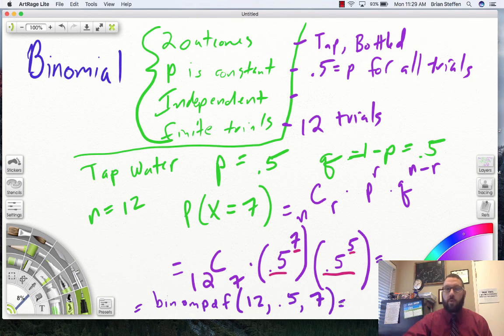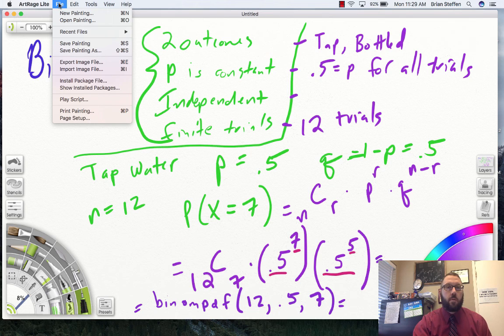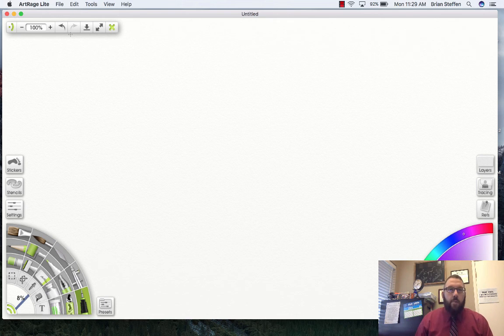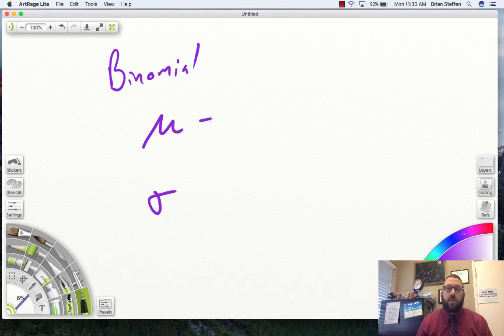I'm going to add one more thing here. The binomial, we're again still talking only about a binomial. The average and the standard deviation. The average of a binomial of x is equal to n times p.